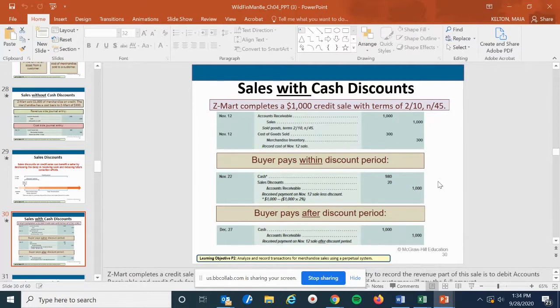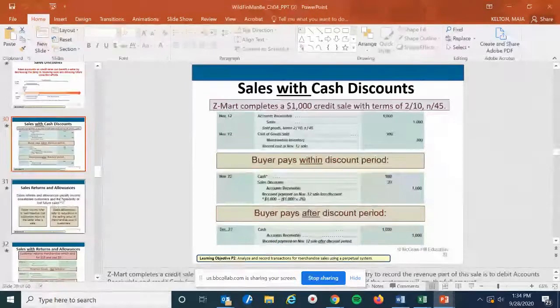So contra revenue accounts, they're contra revenue accounts because they decrease sales. If the merchandiser offers a discount to their customers, sales will go down. If the customer returns merchandise to the merchandiser, sales will go down. So if discounts are offered, sales will be less.